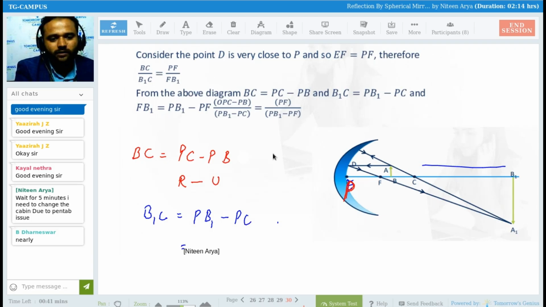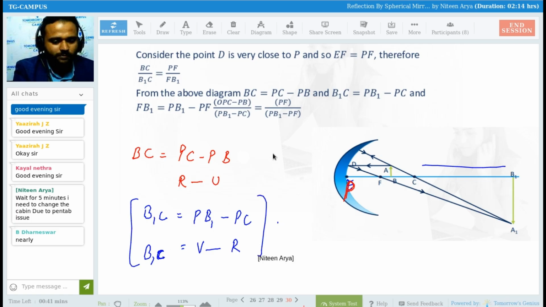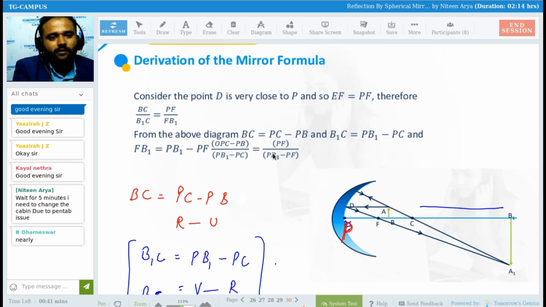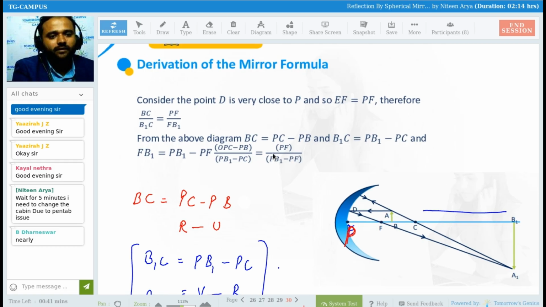So it is going to be the image distance, because PB1 is the image distance, minus PC which is R. Okay, so this is important. So now BC upon B1C equals to PF upon FB1. Simple.